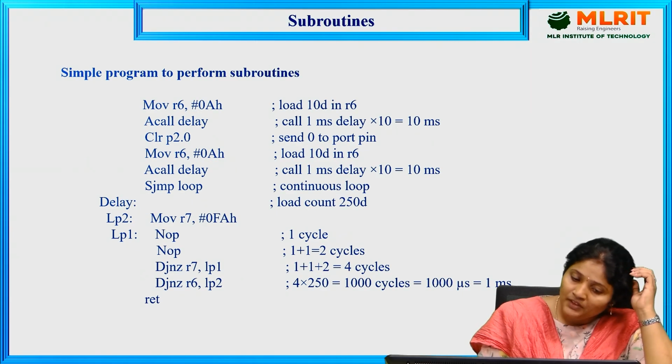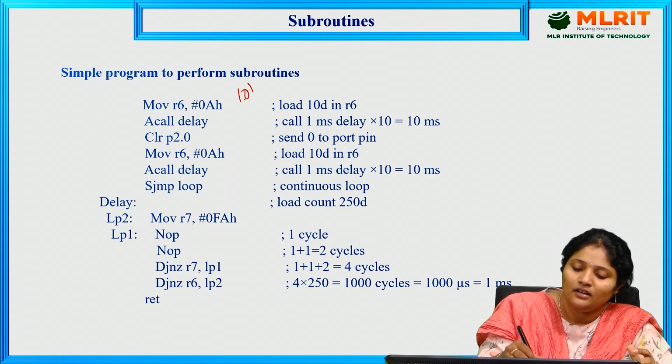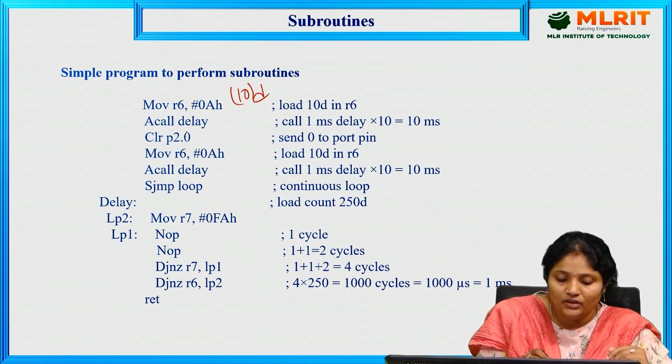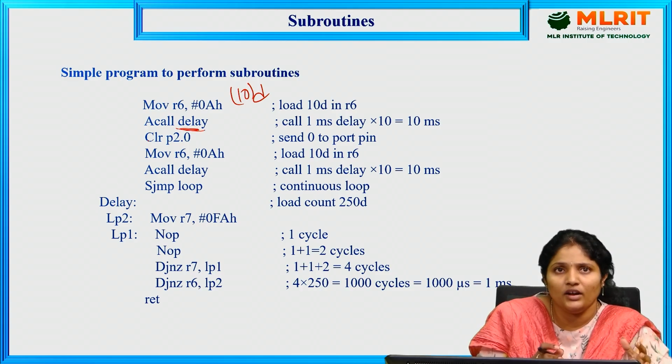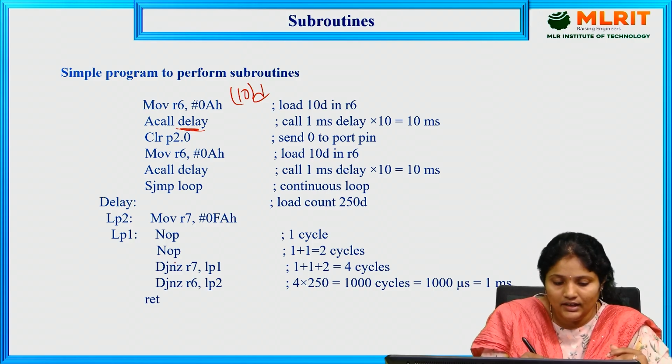Let's see. Here MOV R6, #0AH. As you all know, 0AH is 10 in decimal. Why I am keeping 10, we will see. Here ACALL delay means absolute call, with no condition, so this delay will be executed.